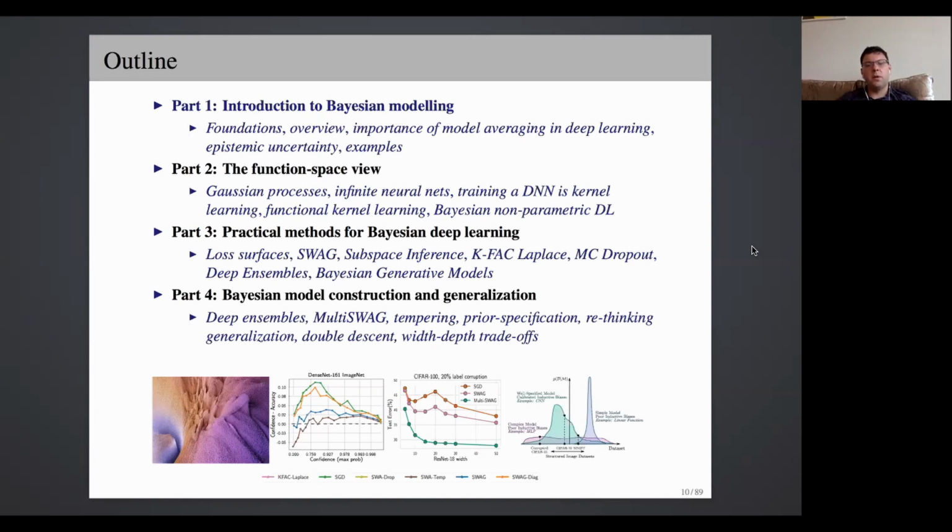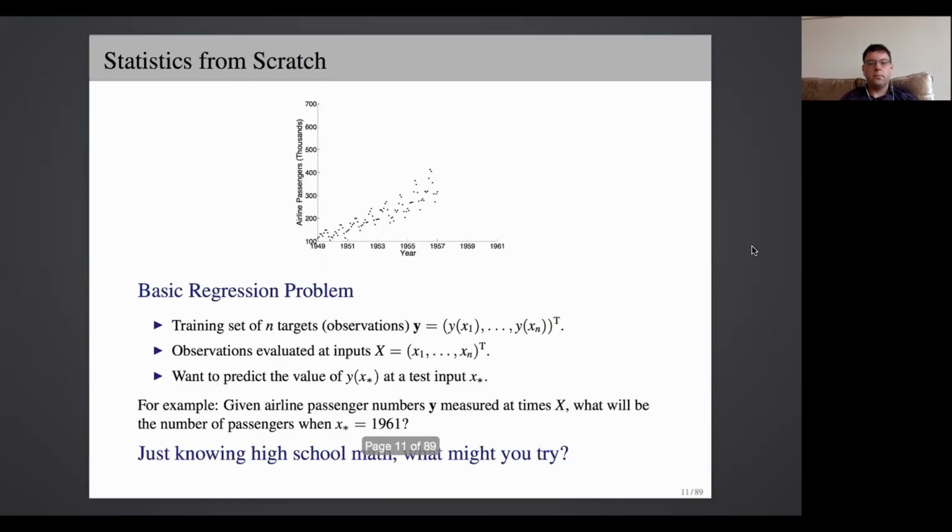And in the last part, we'll be talking about model construction and generalization, including deep ensembles, their connection with Bayesian marginalization, how we can build on those connections for the multi-swag procedure, tempering in relation to some work about what are called cold posteriors recently, prior specification, rethinking generalization, double descent, width depth trade-offs, and trying to view many problems around generalization and deep learning from a Bayesian perspective.